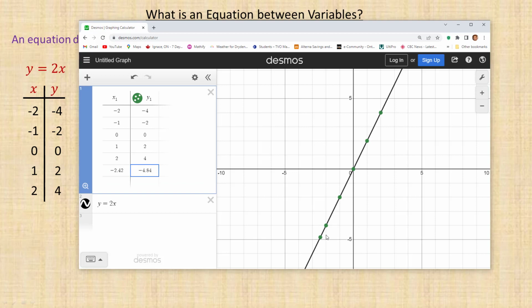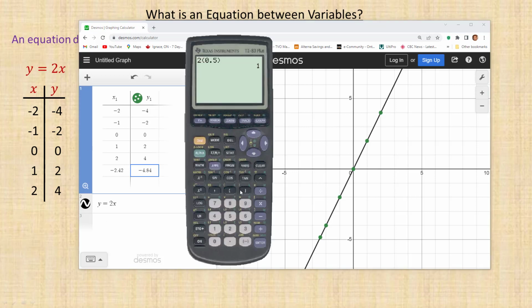So that's that point right there. And if I go back to my calculator again and go 2 multiplied by -2.42 and do the multiply, it is exactly -4.84. So that point satisfies the relationship because this y value is twice the x value for that point.